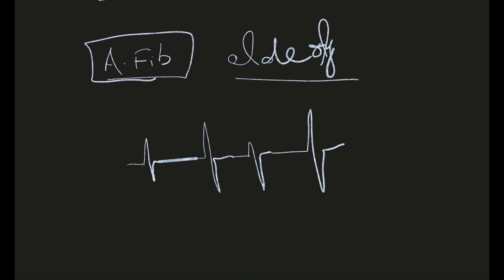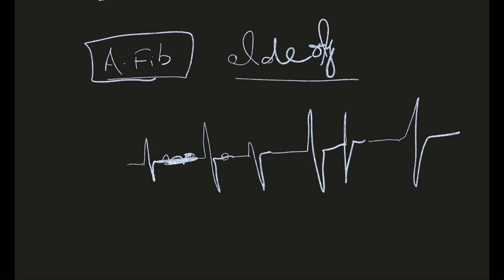I mean, there will be no normal rhythm between QRS complexes like this. There will be no P wave. I deliberately did not draw the T wave here, but sometimes you may find a little electrical abnormality over the baseline, and sometimes you do not even find the baseline.